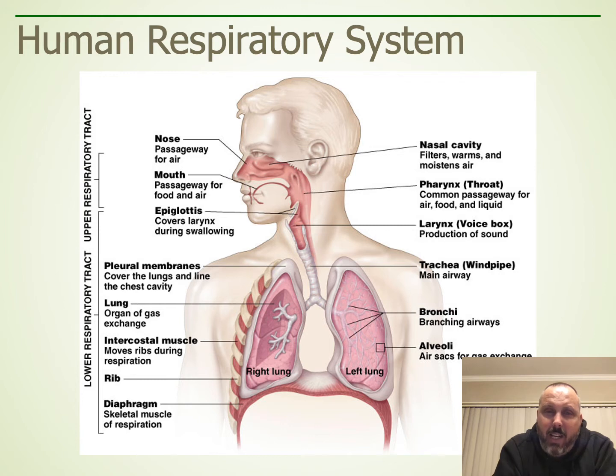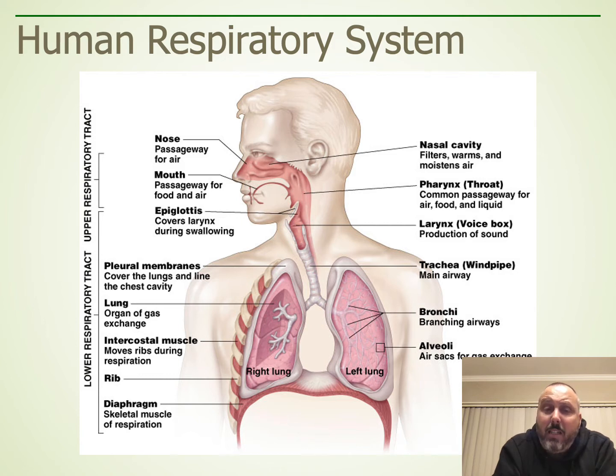On the other side there, the nasal cavity, the throat or the pharynx, so the common passageway, the larynx or the voice box, trachea or the windpipe, all important to get that air or the oxygen down there. So like I said, there's filtering jobs, we've got the epiglottis there, we've got the trachea or the windpipe that's got the cartilage around it to help keep it open all the time so it doesn't fold in, because it's kind of important that it doesn't.